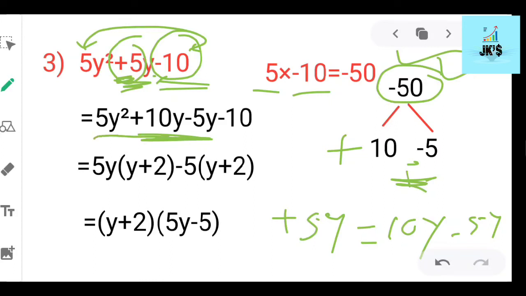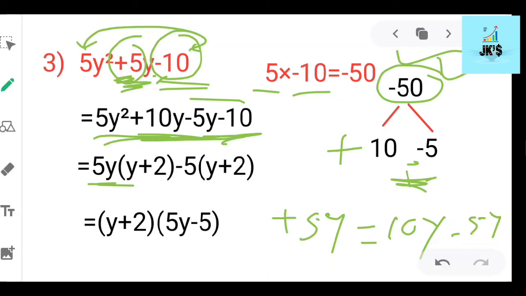Group these first two and these last two. 5y square plus 10y, and the second group is minus 5y minus 10. 5y square is written as 5y into y, and 10y is written as 5y into 2.